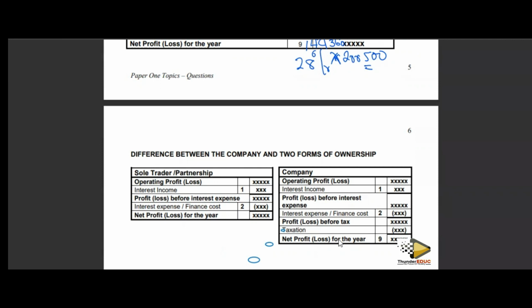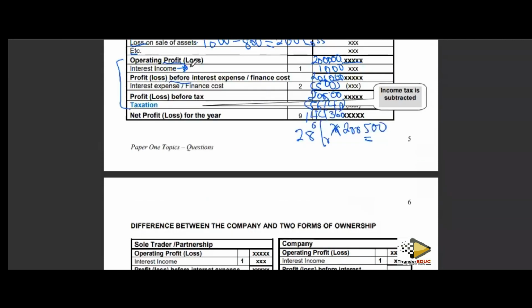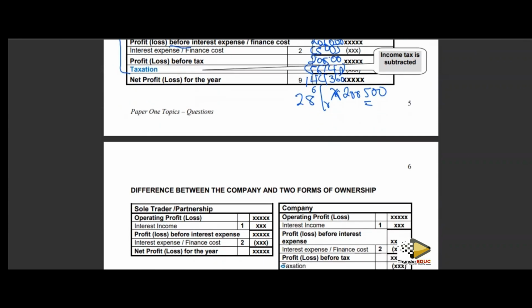And you see what they are bringing here is this section from here, operating profit or loss. So it's starting from here to show you the differences which have been added there. So here we have the interest income, then we get profit before interest expense, then we include the interest expense, then we get profit before tax, and then we include the taxation, then we get the net profit after tax.